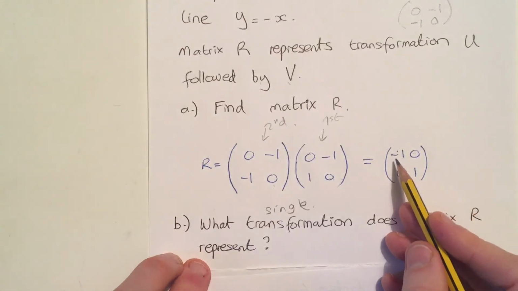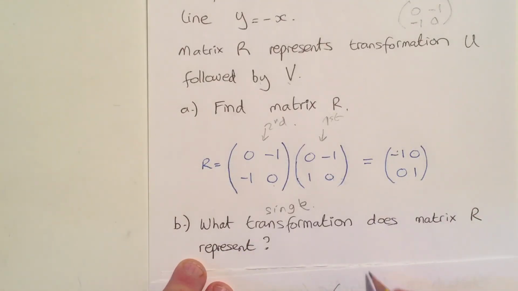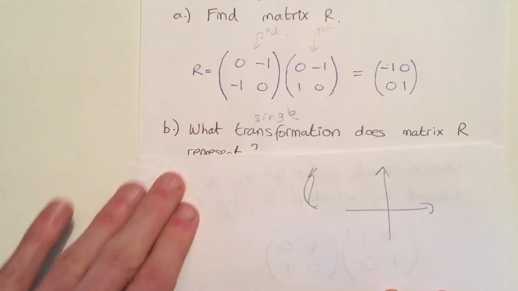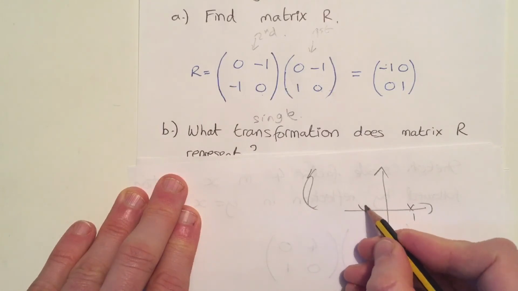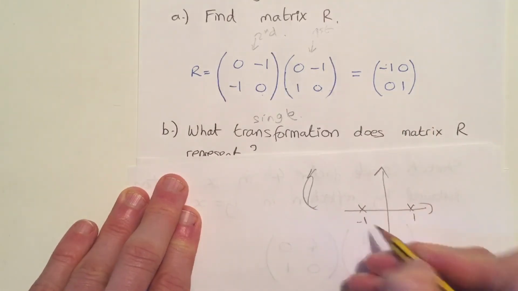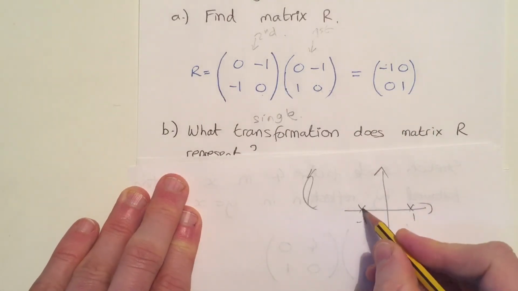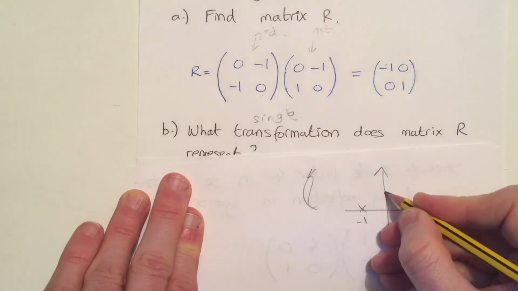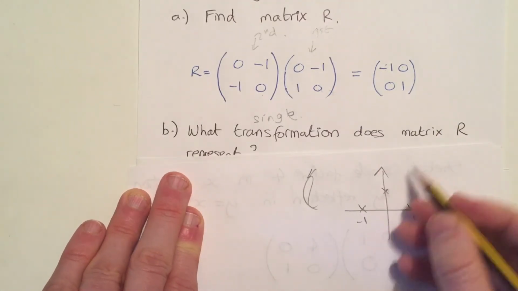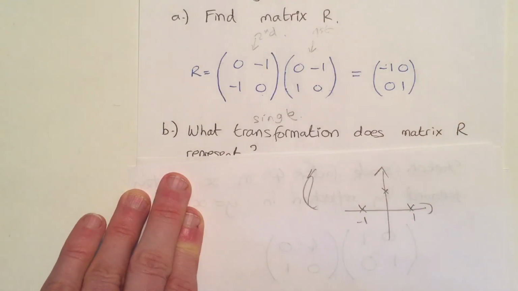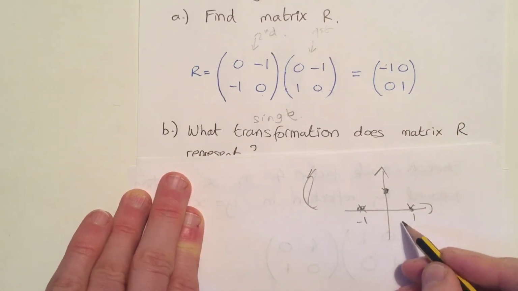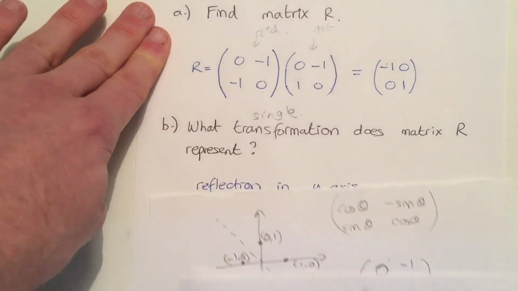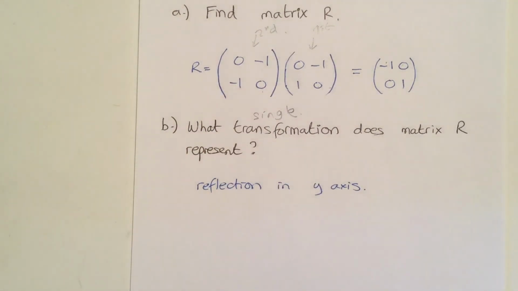That's saying that the coordinate 1, 0, which is here, gets mapped to the coordinate minus 1, 0. So this has gone over here. Whereas the coordinate 0, 1 has stayed at 0, 1. So this has stayed where it is. This has gone over here. So hopefully you can see that this is a reflection in the y-axis.